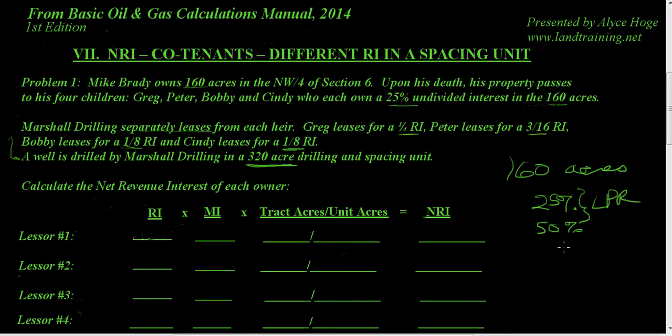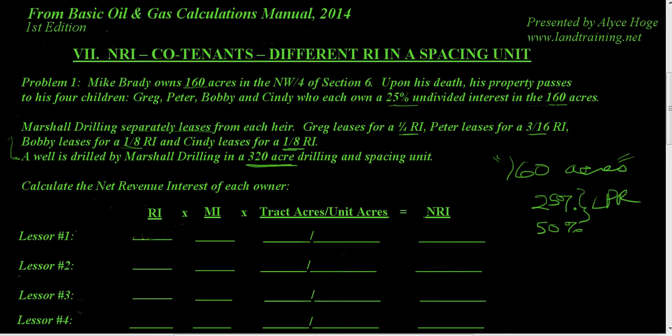And the lease purchase report will say what their actual mineral interest or mineral ownership was in this property. So if you look at just the lease and it says 160 acres, you might assume that Greg owns 100%. That would be incorrect.